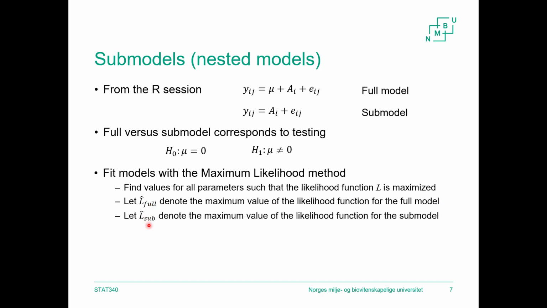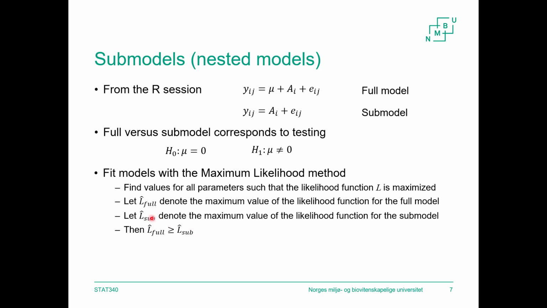Then you do exactly the same with the submodel. Again, you find the maximum likelihood, but notice that the submodel gives you a smaller terrain to search in. In the full model, you have more parameters that you can tune compared to this one. And then you will always find that the likelihood you find for the full model is always bigger or equal to the likelihood value you find for the submodel.